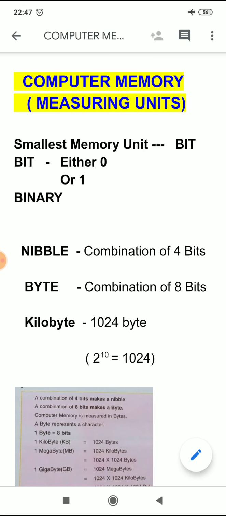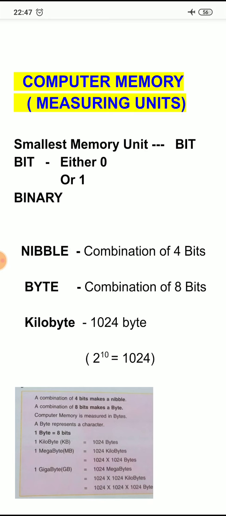Computer understands binary language. Binary is a language of bits, 0 and 1, a combination of zeros and ones. Only two digits are there. The whole data is coded in the form of these two digits. So 2 raised to power 10 comes out to be 1024.